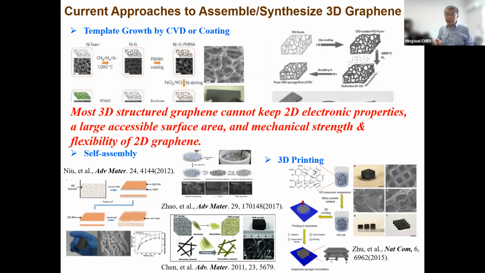So actually, you cannot keep the 1,000 square meters per gram surface area. Also, the mechanical property and flexibility of these graphene-constructed 3D structures become pretty poor. It is hard to compare with the 2D properties of graphene.